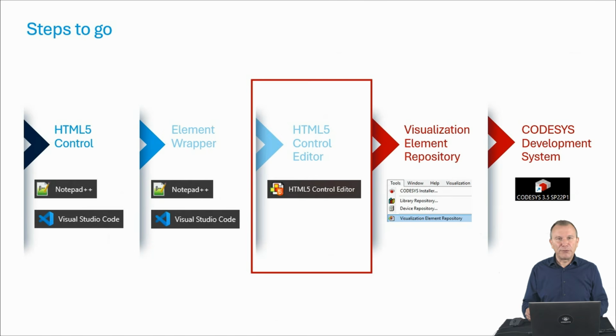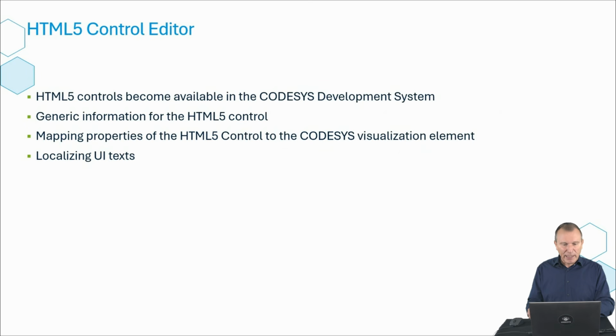Now let's move further to the third step. It's the HTML5 control editor, which we will be needing. Now, what is it? It's an editor that is delivered together with the CODESYS development system, which helps us to fill out several important parameters, generic information, but especially the mapping of the properties of the elements that can then be used inside the CODESYS development system.